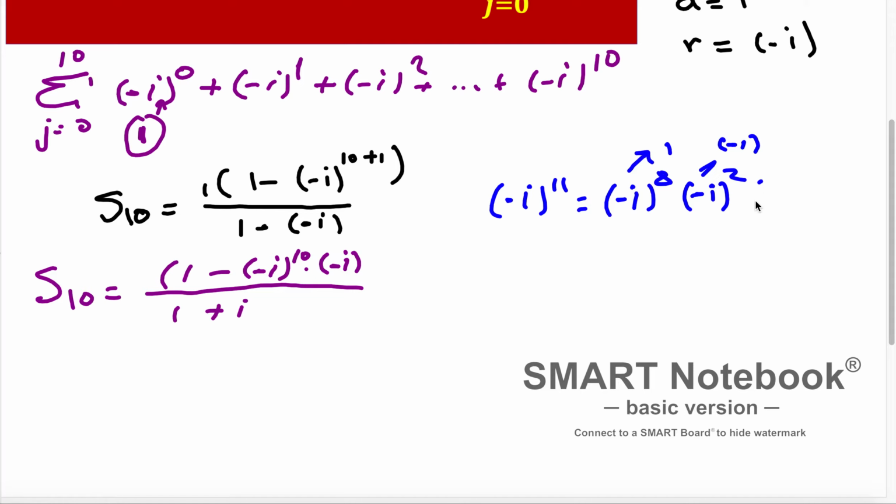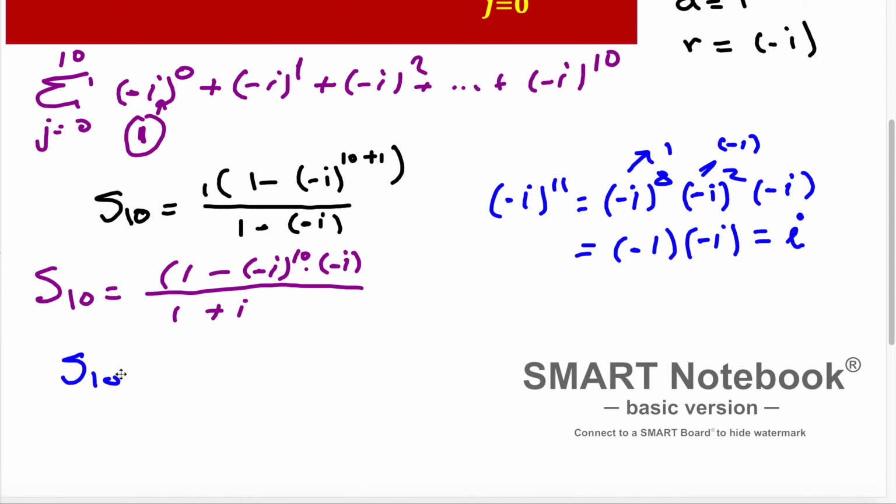And in the end we have a minus i. Multiplying everything, 1 times minus 1 is minus 1, and times minus i gives i. So instead of (−i)^11, I am going to substitute i.